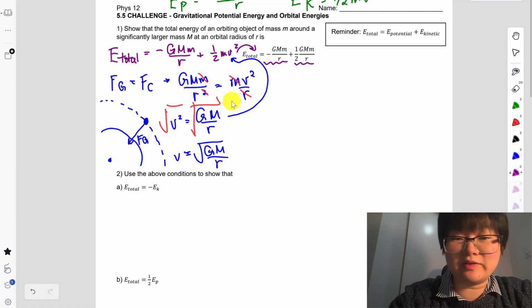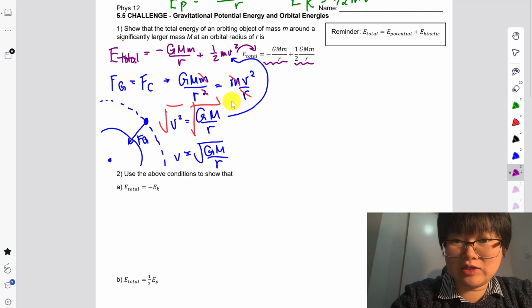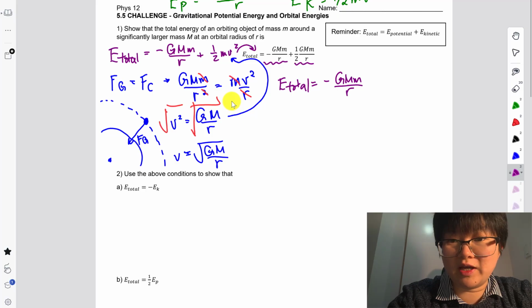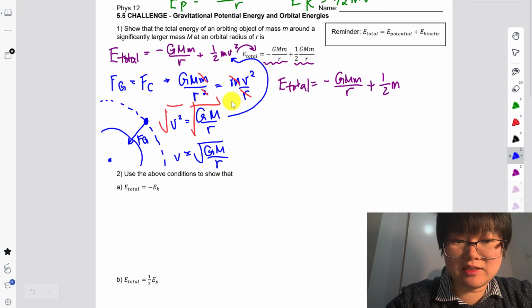Once we do that, we are going to get E total, which I'll write down here, negative big G, big M, small m over orbital radius, plus 1/2, okay? The mass of your satellite or your orbiting object is still small m, and your v squared is going to be big G, big M over your orbital radius.